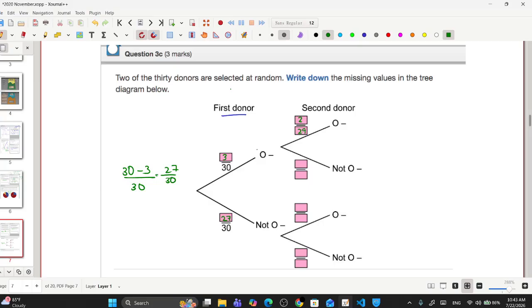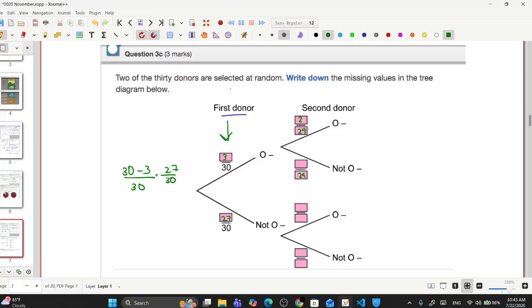But in another scenario, a person that has been taken out as a donor did not belong to the O minus category, with the condition that the first person had belonged to it. So the denominator is supposed to change. 29, denominator removed. One person has been changed.